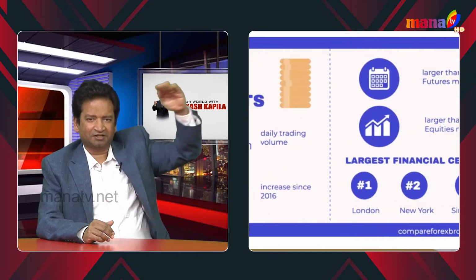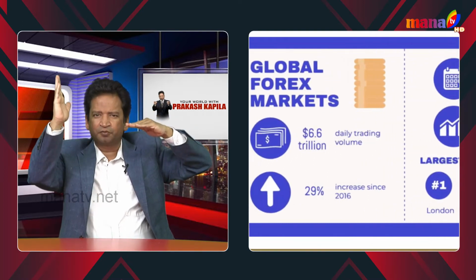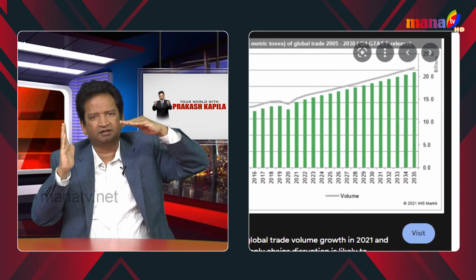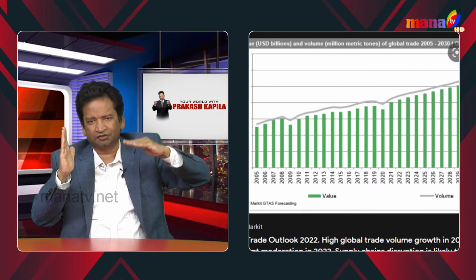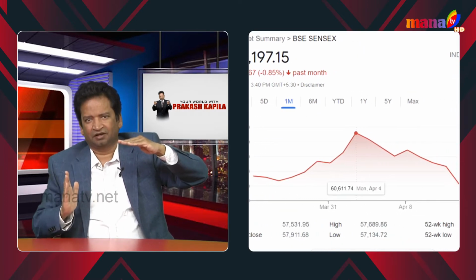So, when inflation is at 10%, your 100 rupees has become 90. Each day, if the inflation is rising, the value of your currency is reducing.